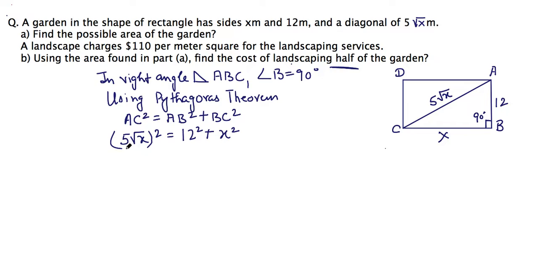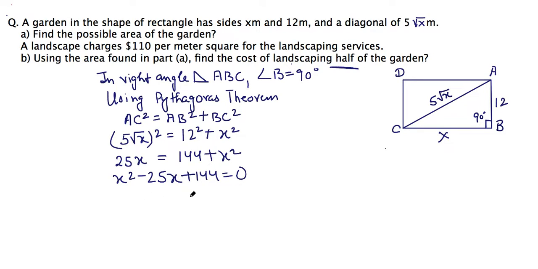So this will give me 5 times 5, 25, and the square of root x will give me x, so 25x. Then this one will give me 144 plus x square, right? Now we can convert it into a quadratic equation by moving 25x to the other side. So this is my quadratic equation, and we have to factorize it.